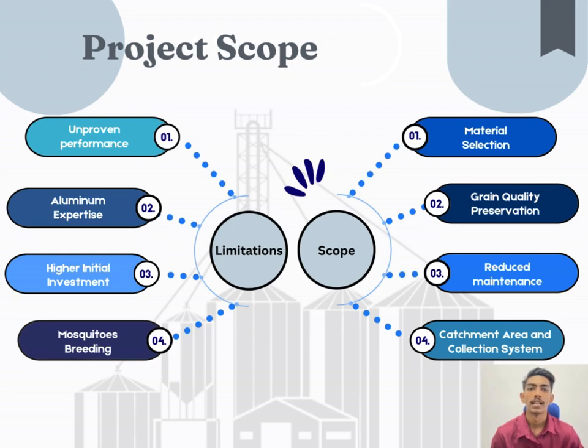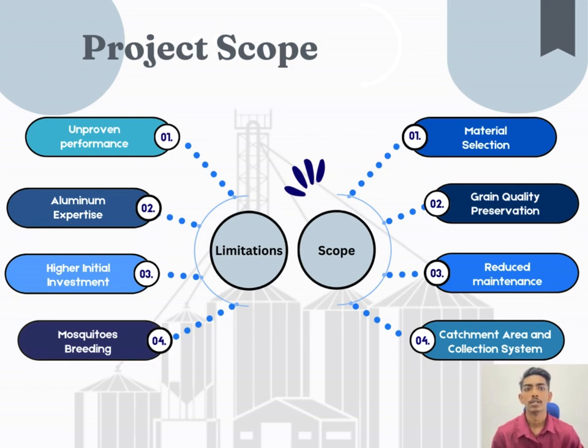Next up, grain quality preservation. Given that grain quality directly impacts the value and marketability of stored grains, grain quality preservation is essential to the project's objective. Grain is kept viable through proper preservation methods such as controlling moisture. This minimizes the danger of spoiling, loss, and financial loss while upholding high standards of quality, satisfying consumer needs, and optimizing profitability.